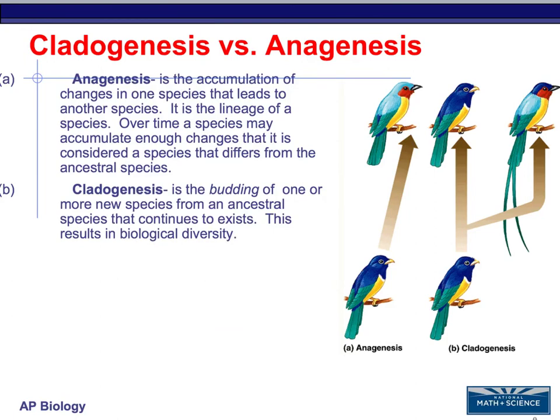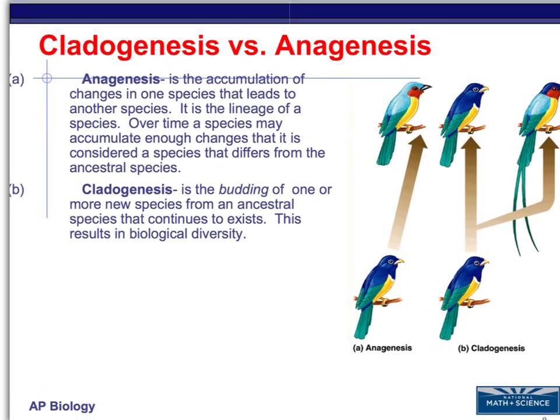Okay, now I want to talk to you about two terms called anagenesis and cladogenesis. We're getting to the point where we're going to start talking about evolution holistically. Anagenesis is the accumulation of changes in a species that leads to another species. So we started off as this bird right here, and then we went through a whole series of changes until we ended up being this bird right here.